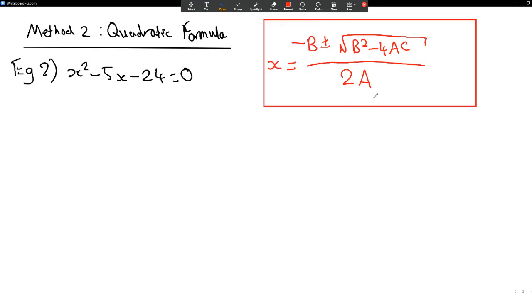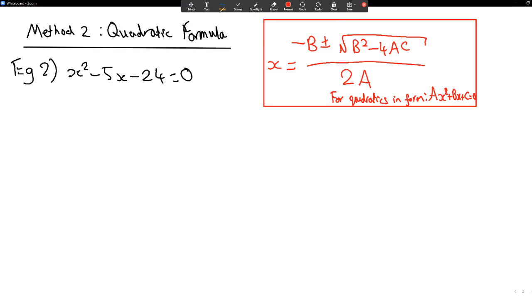But it's for quadratics in the form ax squared plus bx plus c equals 0, like that. So that's how you figure it out.